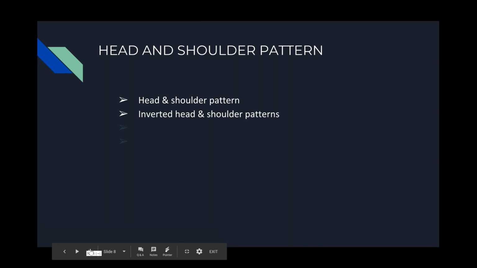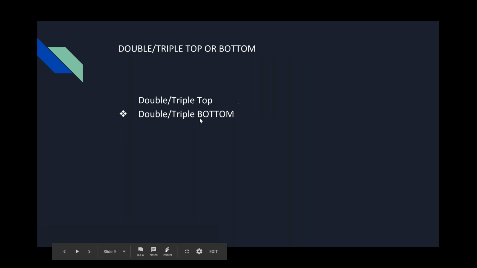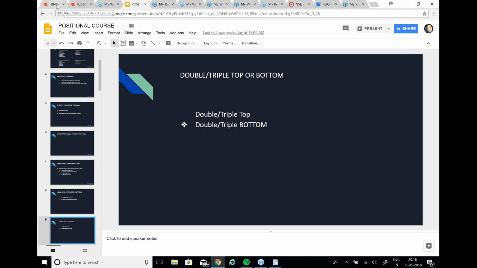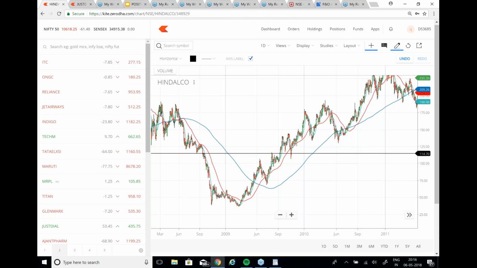Now we go on to the next, which is double and triple top and double and triple bottom. So let's go there and check what's happening in the live market, right? Let's look for the double and triple tops and bottoms.